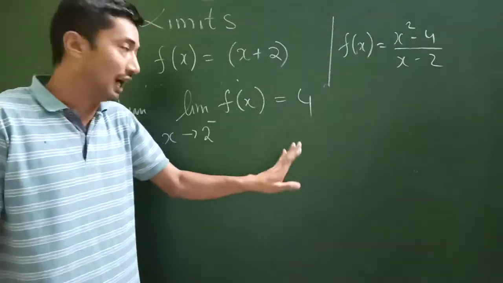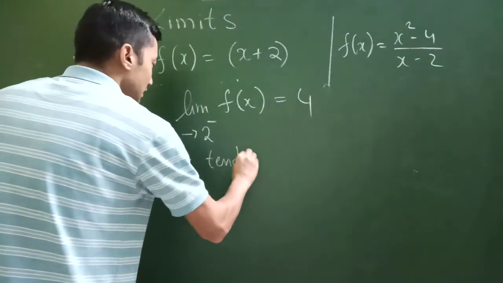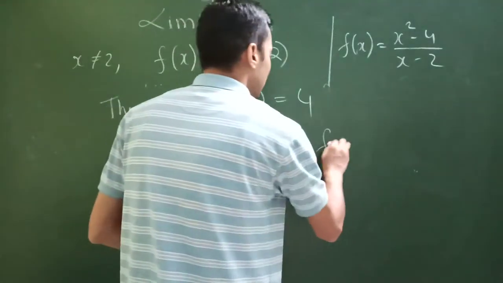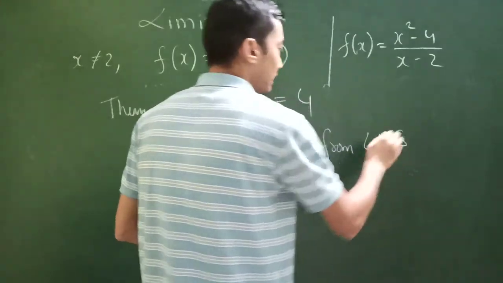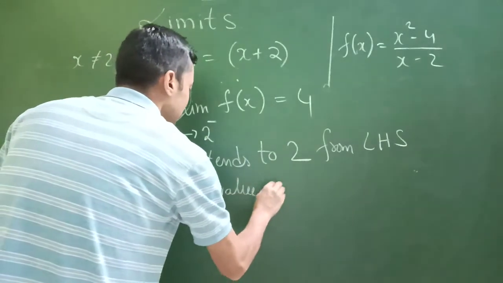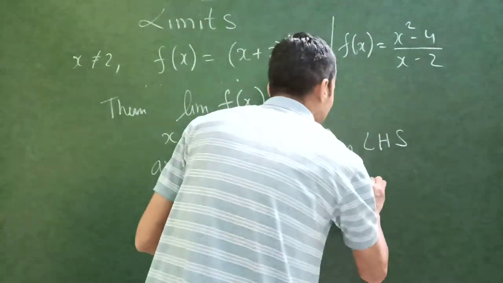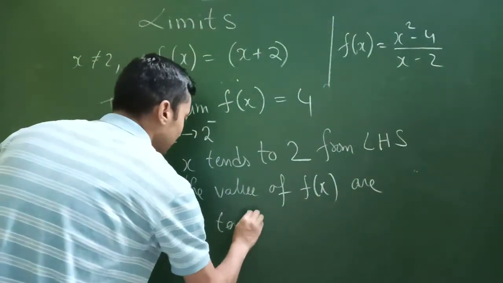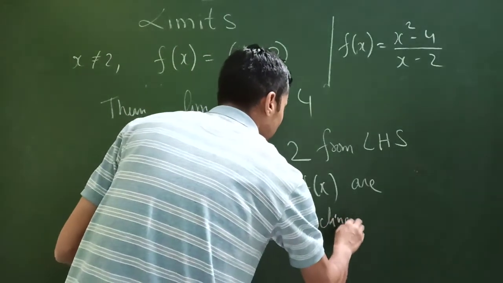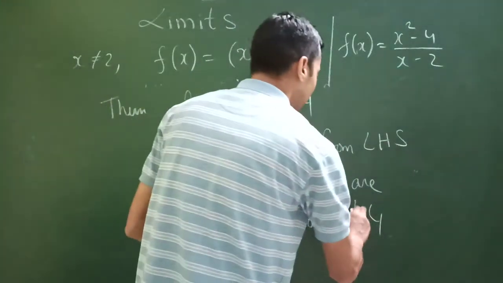It is just telling us that as x tends to 2 from the left hand side, the values of the function f of x are approaching or tending towards 4.